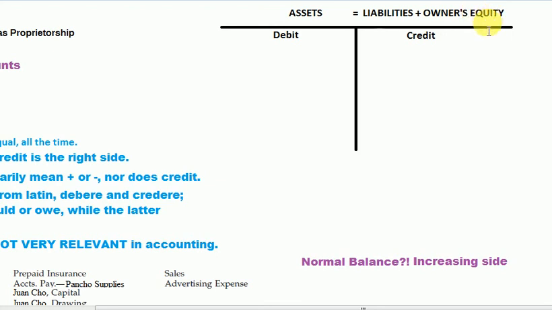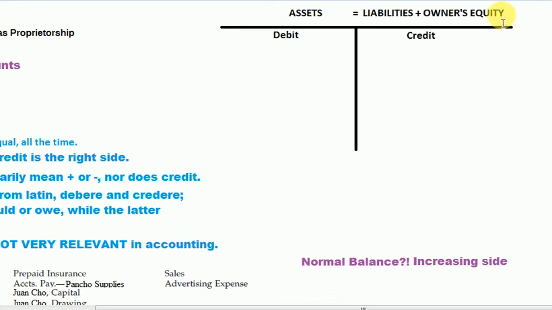What is the purpose, what's the idea behind this mathematical sentence, assets equals liability plus owner's equity? The purpose of this equation is to show equality between two parts.